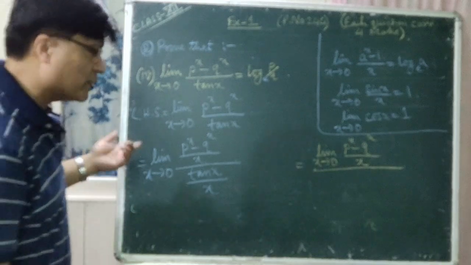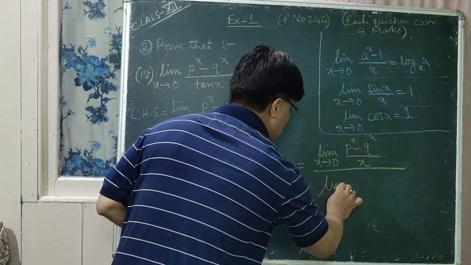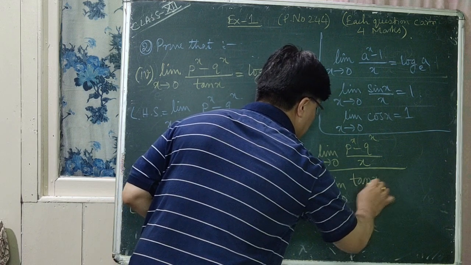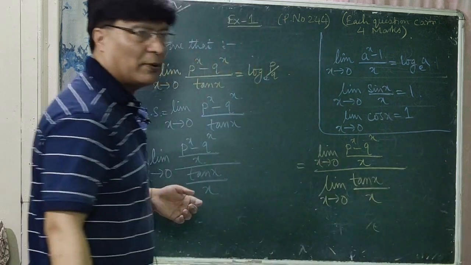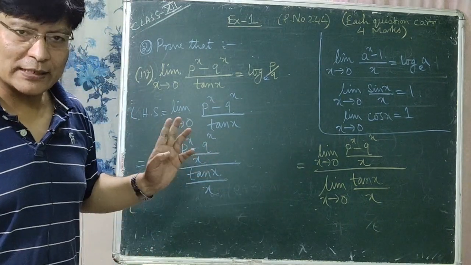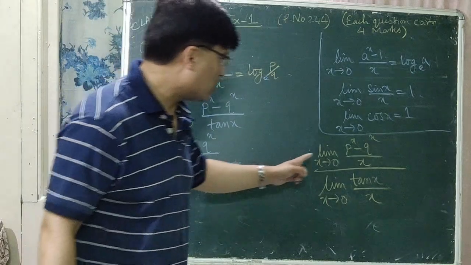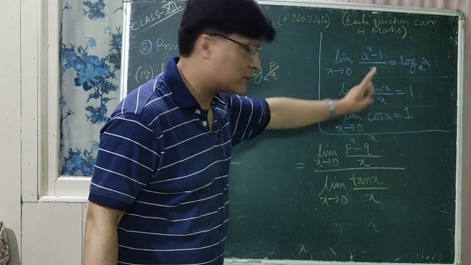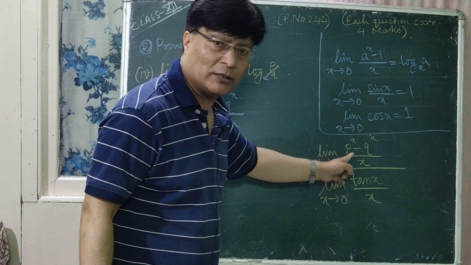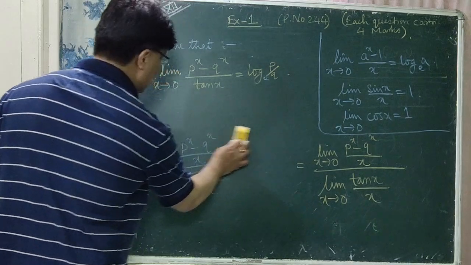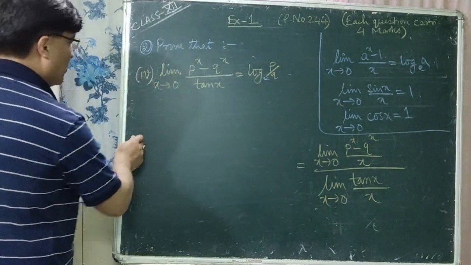In the denominator also write limit x tends to 0, tan x upon x. Now you should convert it into standard form. The standard form is a to the power x minus 1 all divided by x. There is no minus 1 here, so you have to write minus 1 there. So this numerator can be converted into standard form.